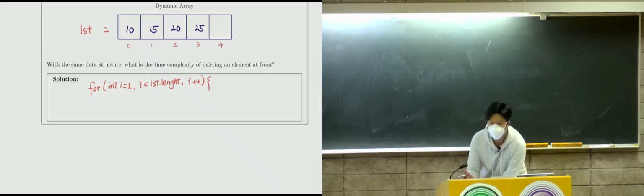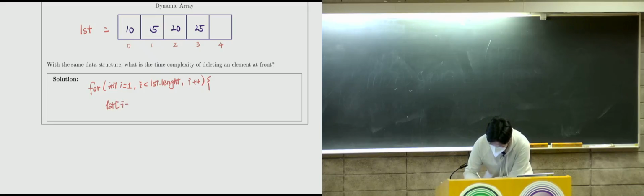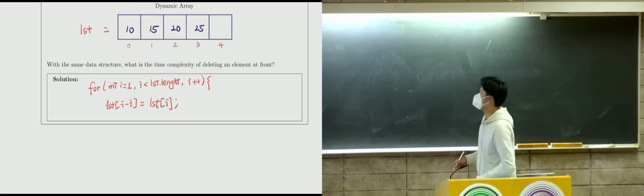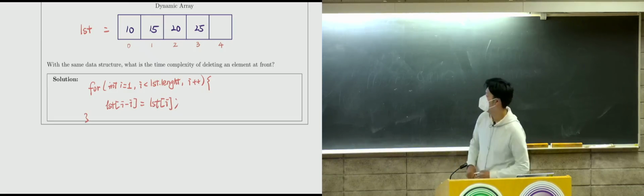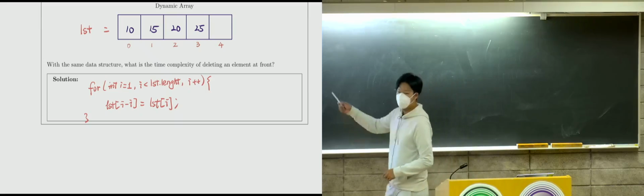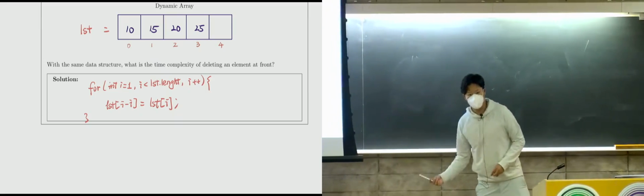So we are just doing shifting, right? lst, the i minus 1 index equals the i index. And that closed. Yeah. So that takes linear time.